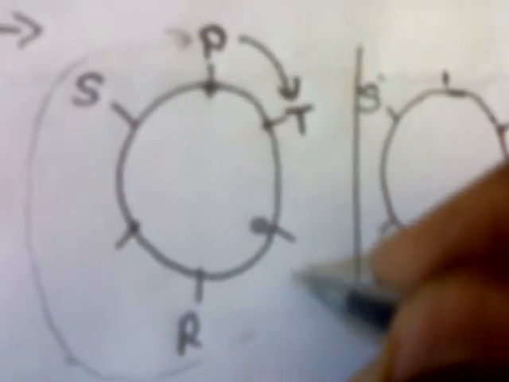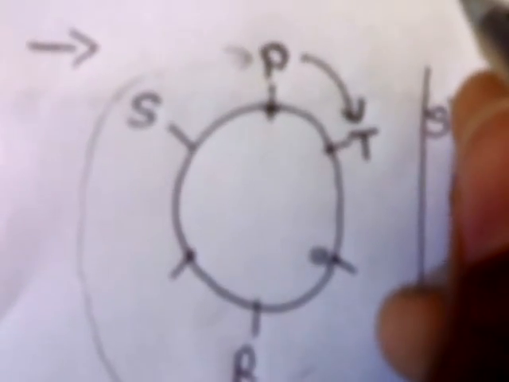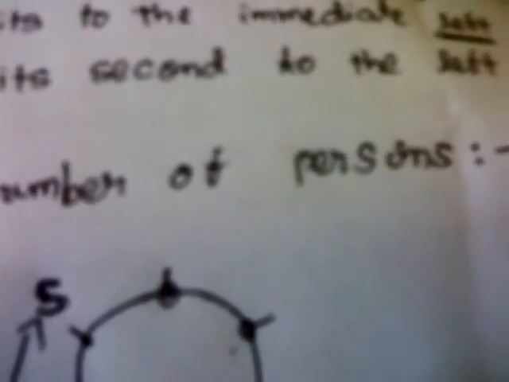So if we move from Q in a clockwise direction, P is at first, second, third and fourth place. So P sits fourth to the left of Q, which does not satisfy our condition, because our condition says P sits second to the left of Q. Okay, so Q will not be here.